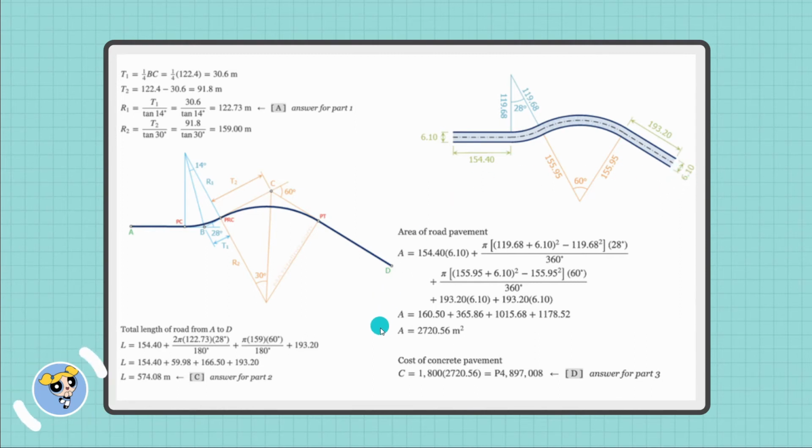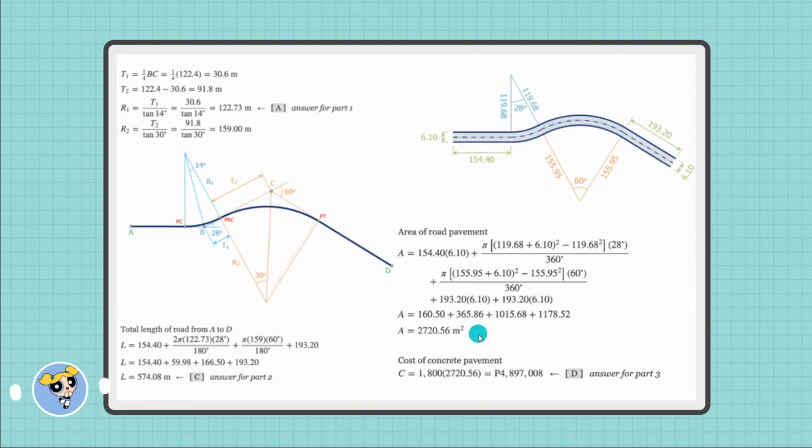So 160.50 plus 365.86 plus 1015.68 plus 1178.52. So the area of the road pavement is 2720.56 square meters. Now that we have the area, we can already solve for the cost of the concrete pavement.